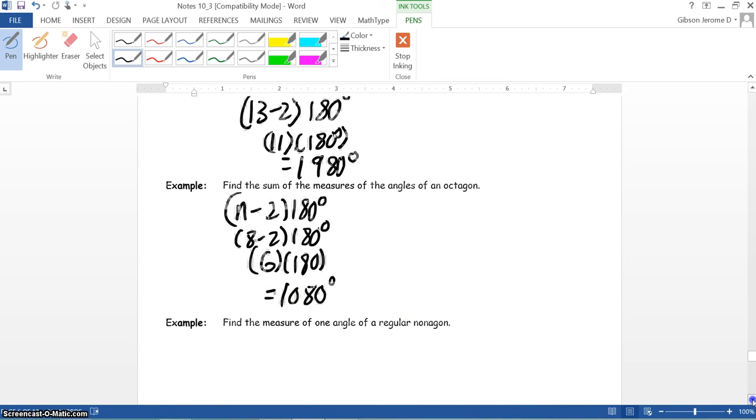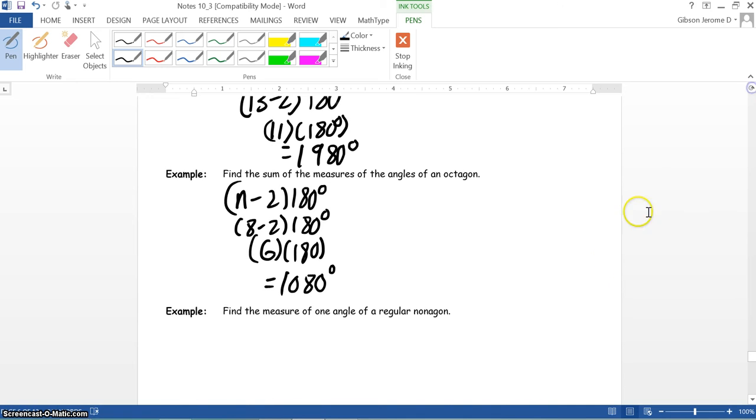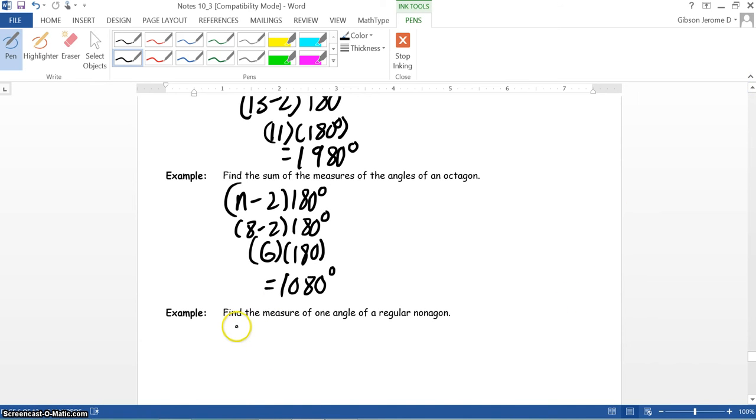Now, it says find the measure of one angle of a regular nonagon. Okay, now remember, a regular nonagon has all angles the same and also all sides the same. So this is what we would do. We would take our formula here, (n minus 2) times 180.